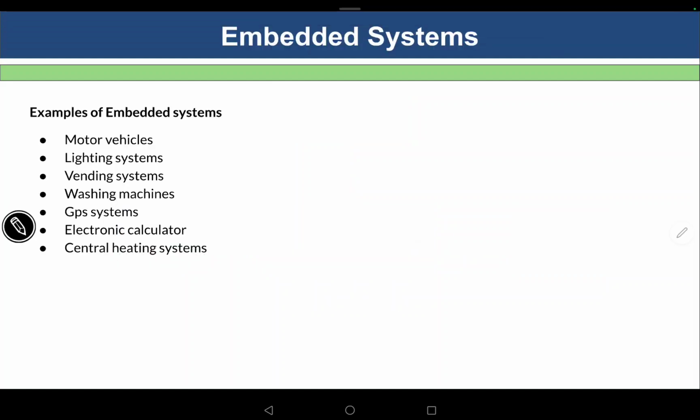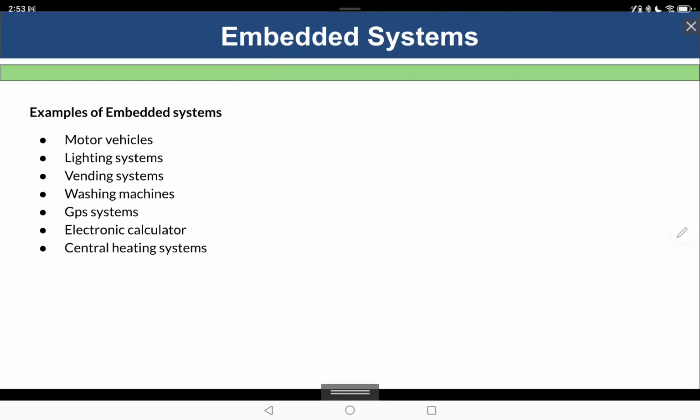So here are some examples of embedded systems. We said that embedded systems are everywhere, such as smart motor vehicles, lighting systems, vending systems, washing machines which we have in our homes, GPS systems, electronic calculators, central heating systems, and so many others.